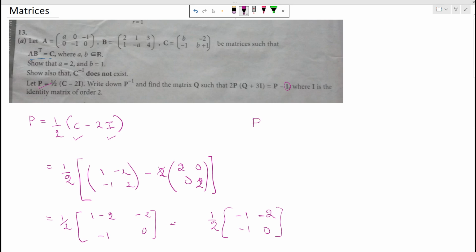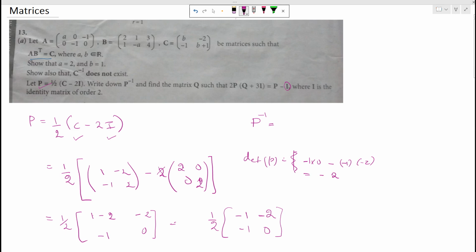Okay, P inverse. Now I have to find the determinant of this matrix. So the determinant of P is equal to this: minus 1 times 0 minus 1 minus 1 into minus 2, so minus 2. Okay, minus 2.